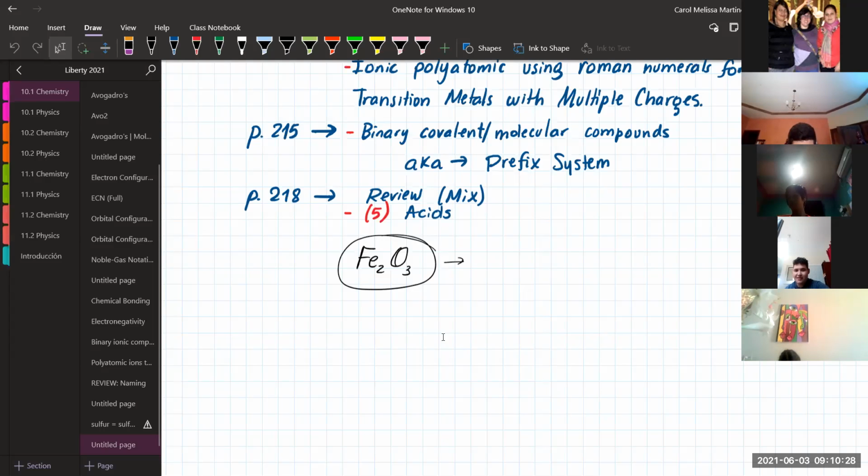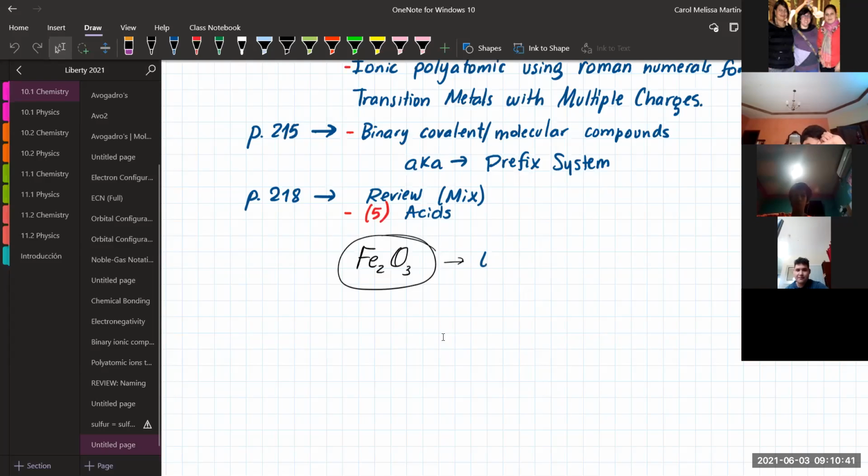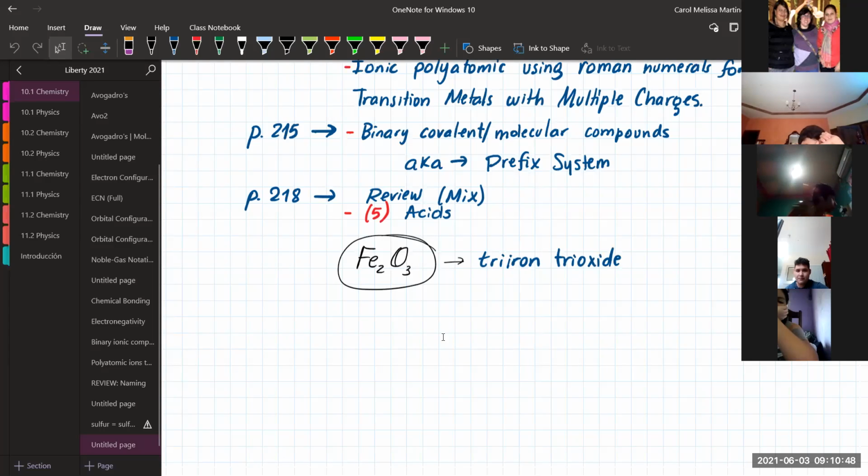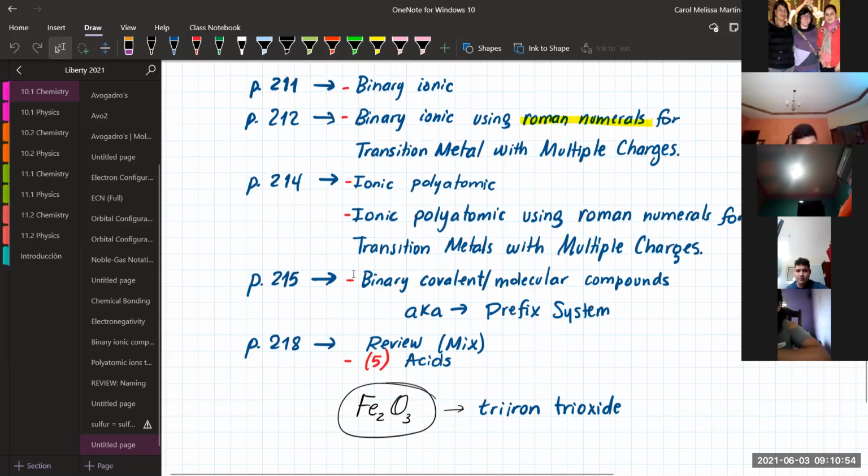We have iron and oxide. Exactly. This is what I want to avoid from you. That's why I hate this topic. Because when you learn how to name binary covalent, you want to apply it to every single compound.